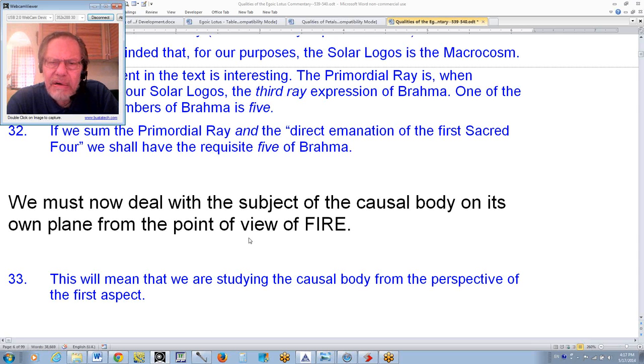And fire is sort of the first expression of being. And where there is fire, there is always motion of some kind. Whether it is pulsation, or spiral cyclic motion, or rotary motion, where there is fire, there is motion.